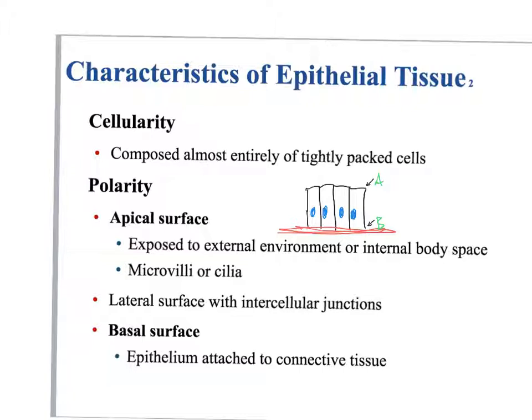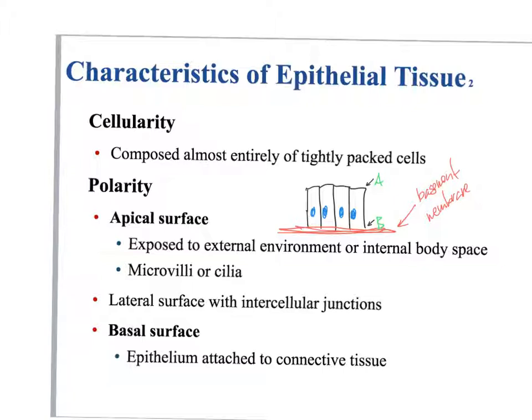And do you recall the name of the connective tissue that this cell is attached to, from lab? The basement membrane. So all epithelial tissue at its basal surface is anchored to something.